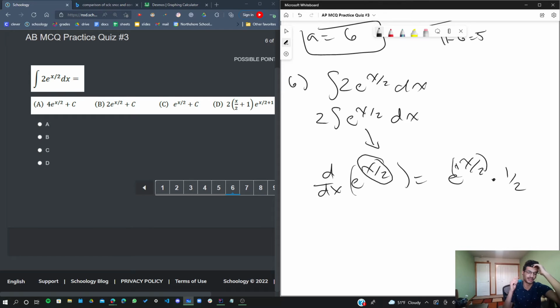So because integrals are the opposite of derivatives, if we're going to be multiplying by 1/2 every time we take the derivative with x divided by 2, that means we have to divide by 1/2 whenever we're taking the integral. So over here, actually what we need to do is, here I'll show you. This is a u substitution technically, but we put half right here. So we have half e to the x over 2.